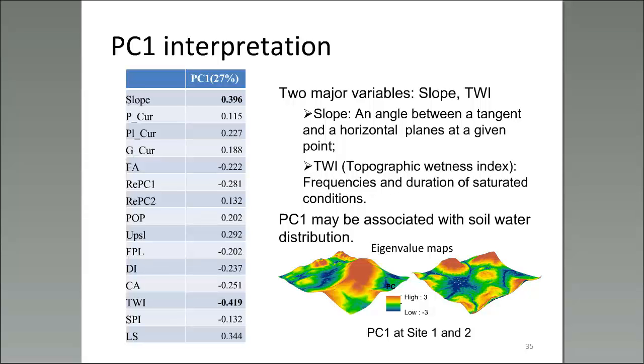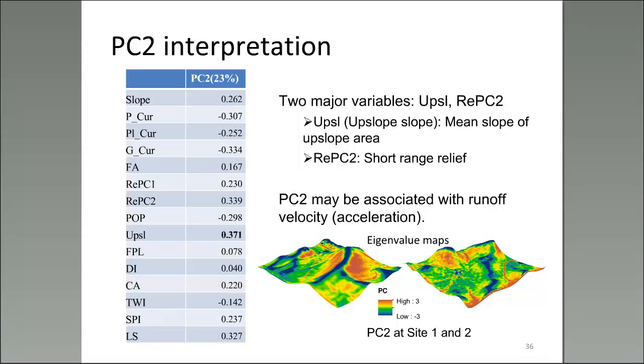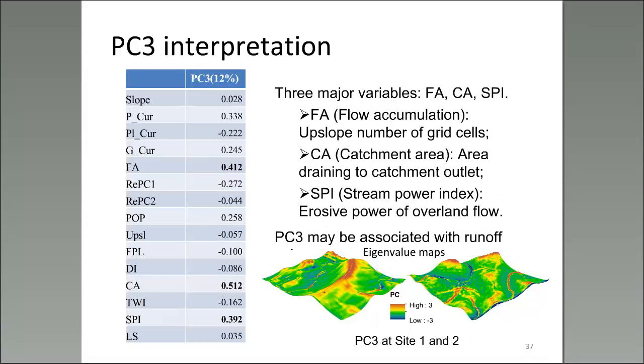For example, PC1 seems to be related to water distribution within the landscape. PC2 is associated with runoff velocity or acceleration. At the bottom, you can see the eigenvalue maps associated with each of these principal components.